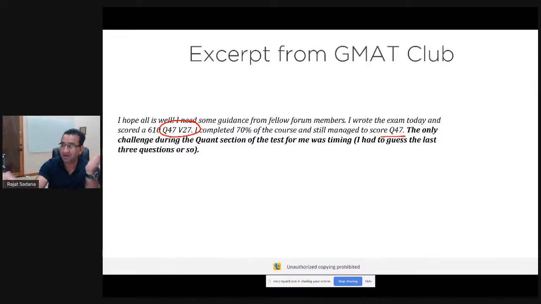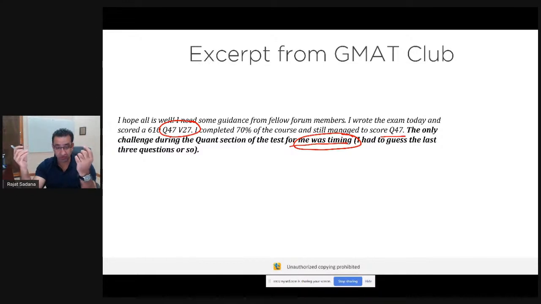This is about quant. The only challenge during quant section for me was timing." So the thing that I see most often when it comes to people analyzing their GMAT attempt and really attributing a cause to what their score was is timing. And they really say, hey, only if I had 5 more minutes, I would have done much better.